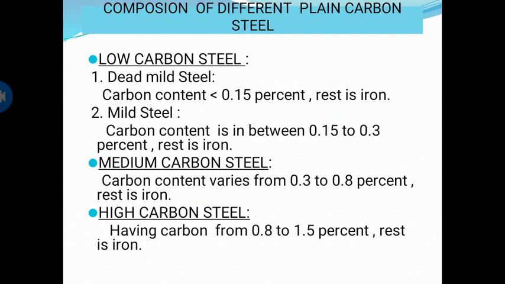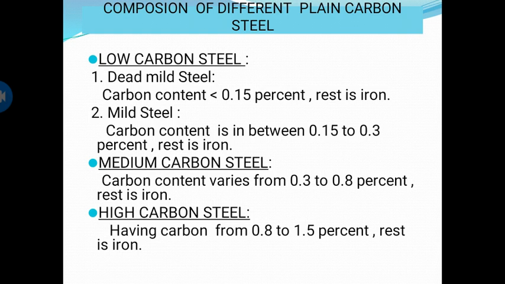So what is the composition? As you know, plain carbon steel is an alloy of iron and carbon. So the two constituents, and only two constituents, are iron and carbon. In case of dead mild steel, the carbon percentage is less than 0.15. The rest is iron.